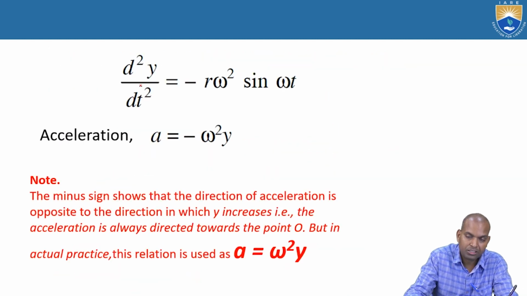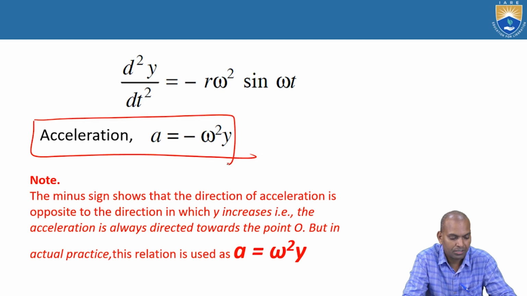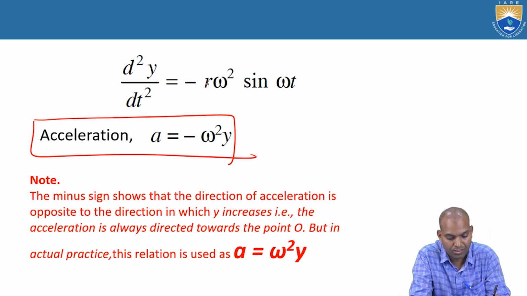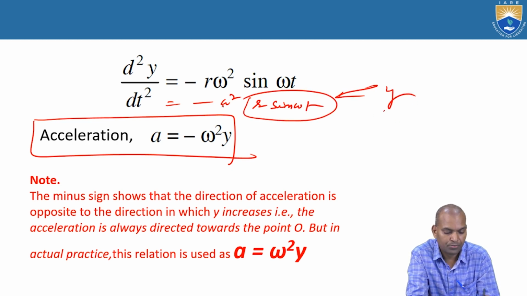Now d square y by dt square equal to minus r omega square sin omega t. For acceleration, a equal to minus omega square r sin omega t, if you simplify it. This r sin omega t is nothing but y. Then substituting here, a equal to minus omega square y.